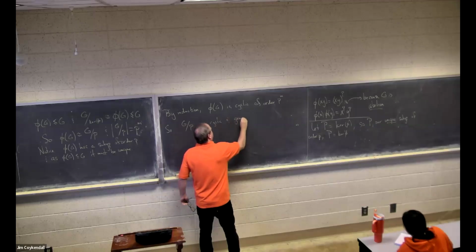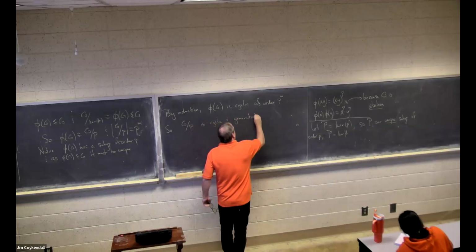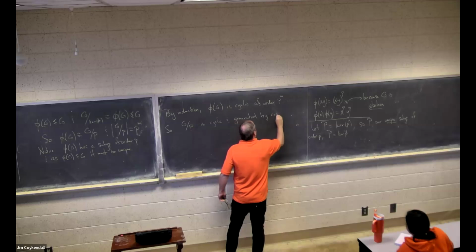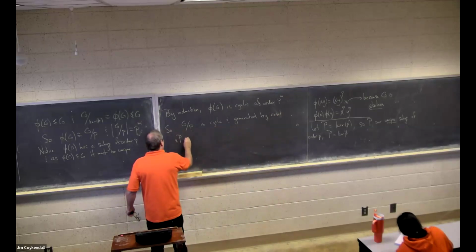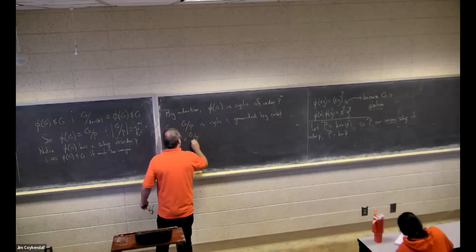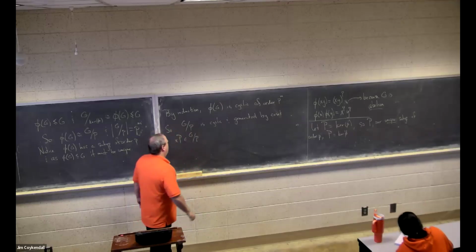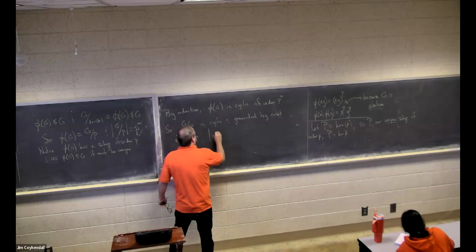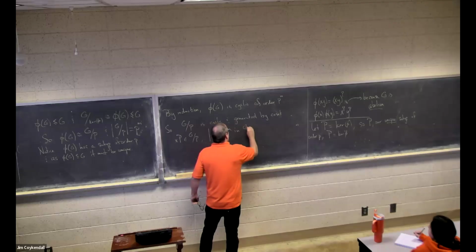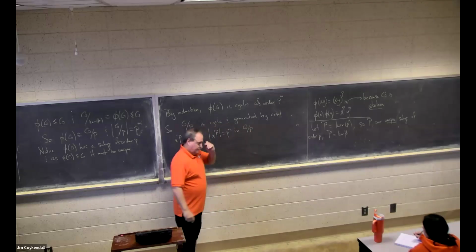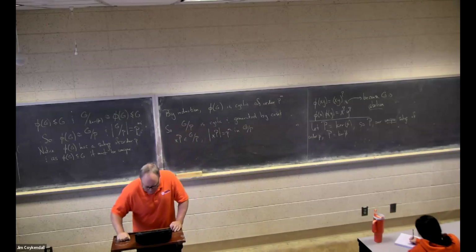Generated by a single element. So the order of the coset xP is p to the n in G mod P, because it is the cyclic generator.